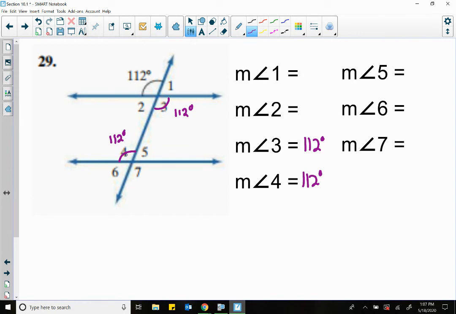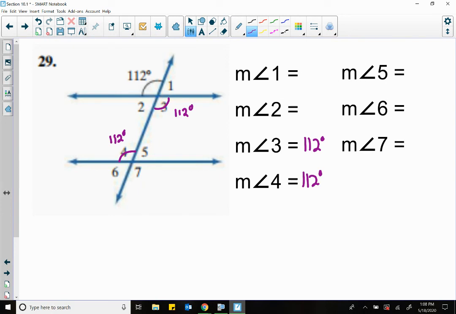We also know that angle 3 and angle 4 are alternate interior angles, which are automatically congruent. So that's two reasons why we know angle 4. Again, you don't have to really know the reasons. It's not going to ask for it on the assignment, but if you know what they are, that's why we know that it's 112 degrees.